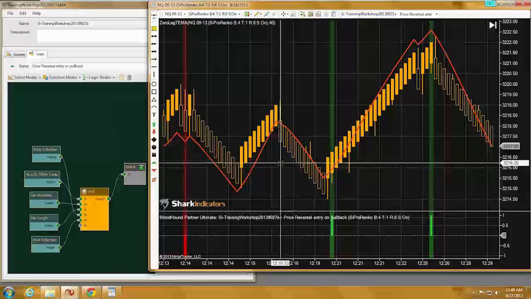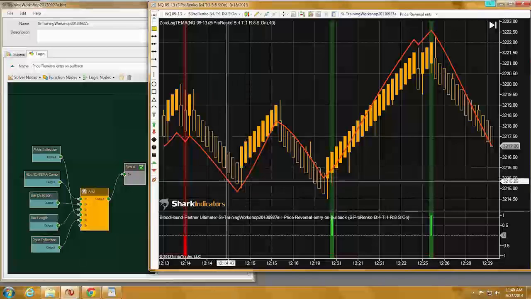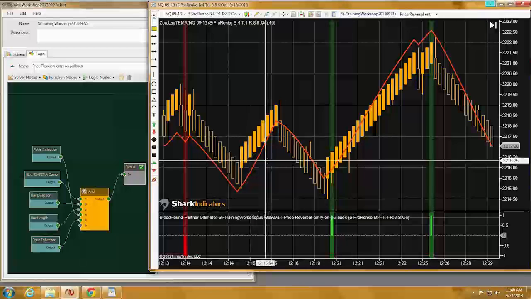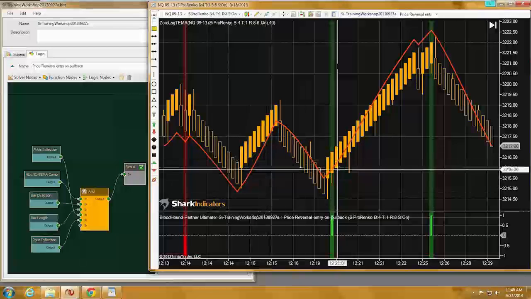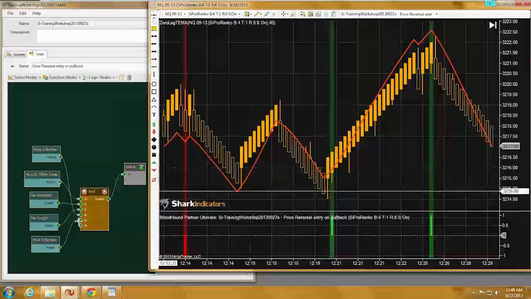But I remember somebody had a moving average indicator setting that worked out a lot better. This is just kind of a bad example.